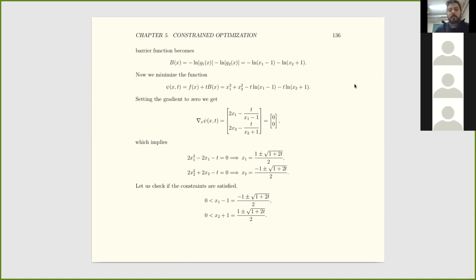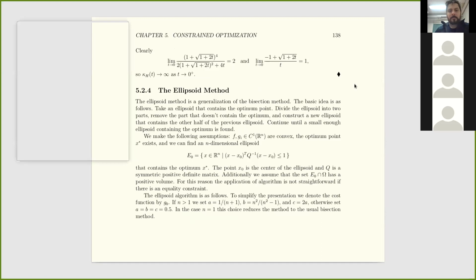All right. So the last order of business is to talk about the ellipsoid method. Remember, we talked about the bisection method. The bisection method worked as follows. We're in a one-dimensional minimization of a function f of x, just one dimension.